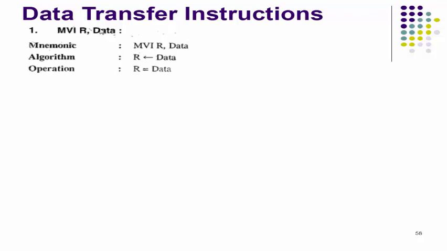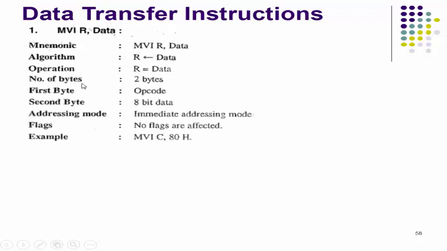We can say move 8-bit immediate data to a specified register: accumulator, B, C, D, E register, that is the general purpose registers. This is the mnemonic for the MVI instruction. The algorithm is that the immediate data gets copied into the specified register, and the operation is that the data gets copied into the user defined register.